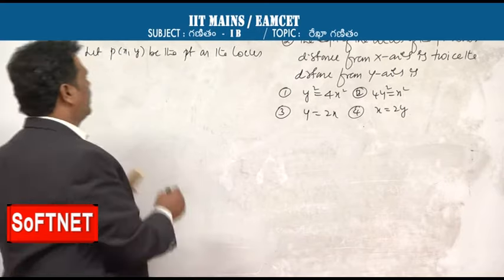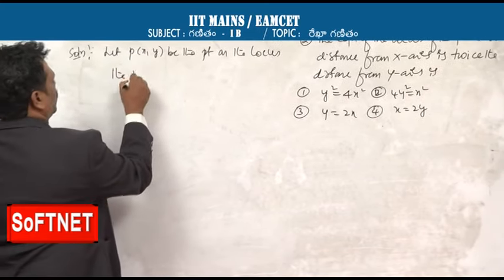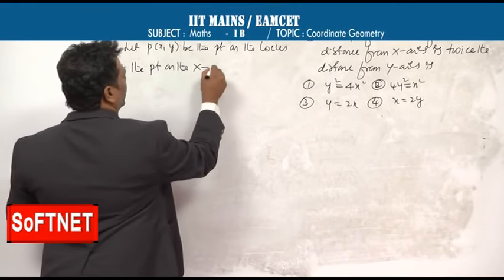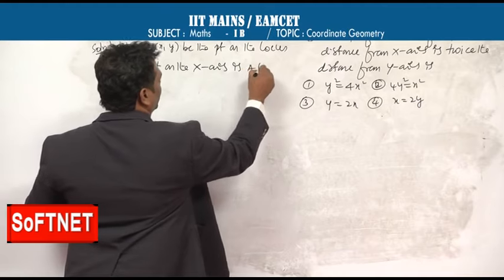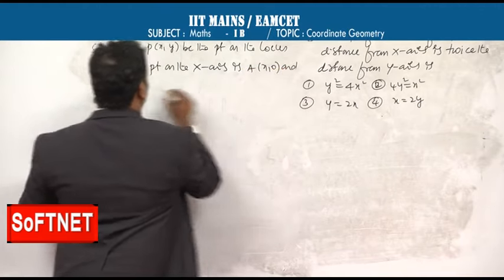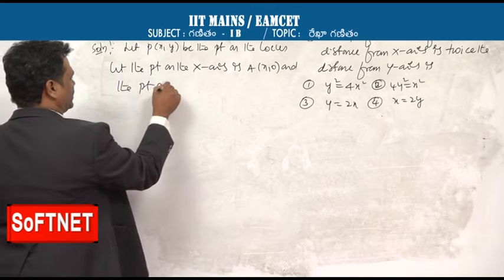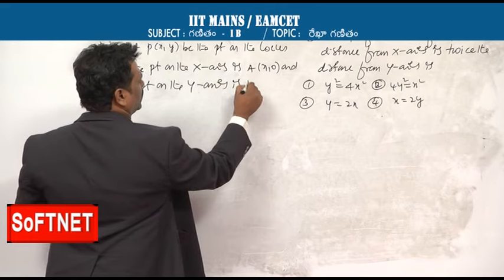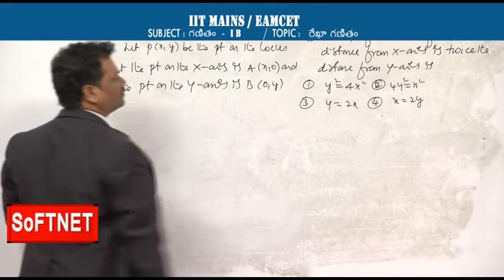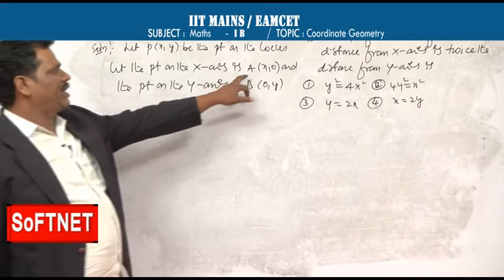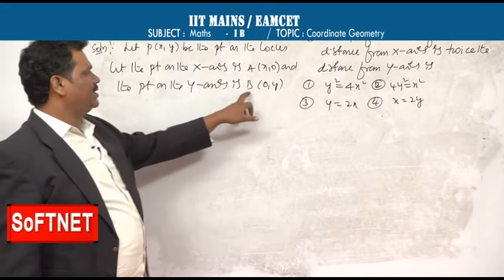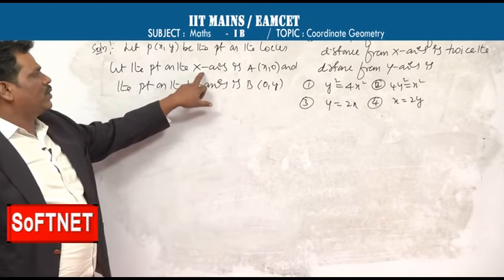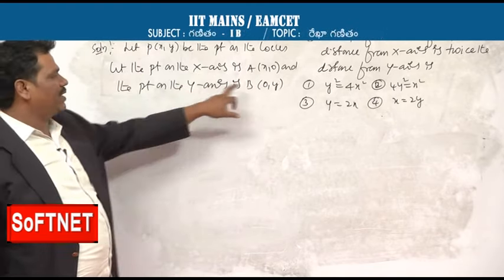The point on the x axis is A(x, 0) and the point on the y axis is B(0, y). Because the point lies on the x axis means y coordinate is 0, and the point lies on the y axis means x coordinate is 0.